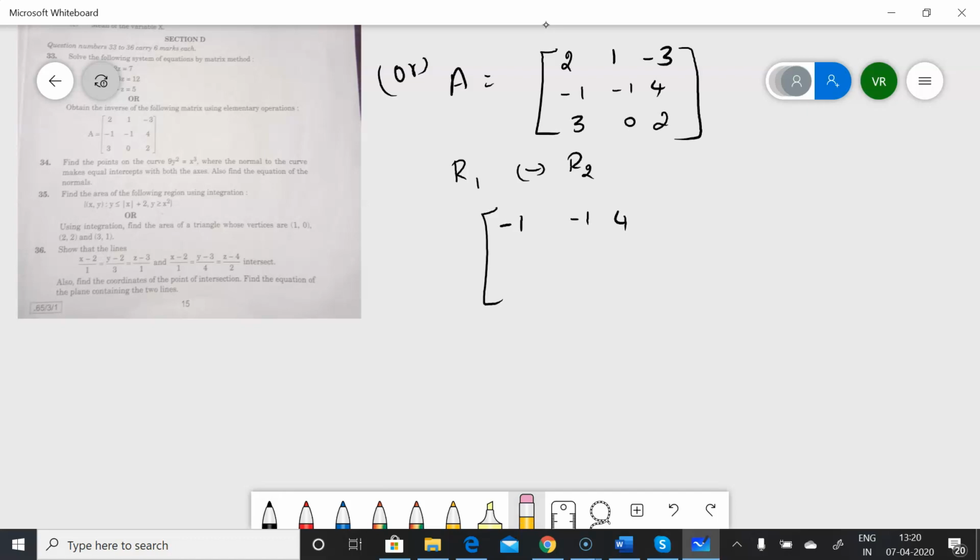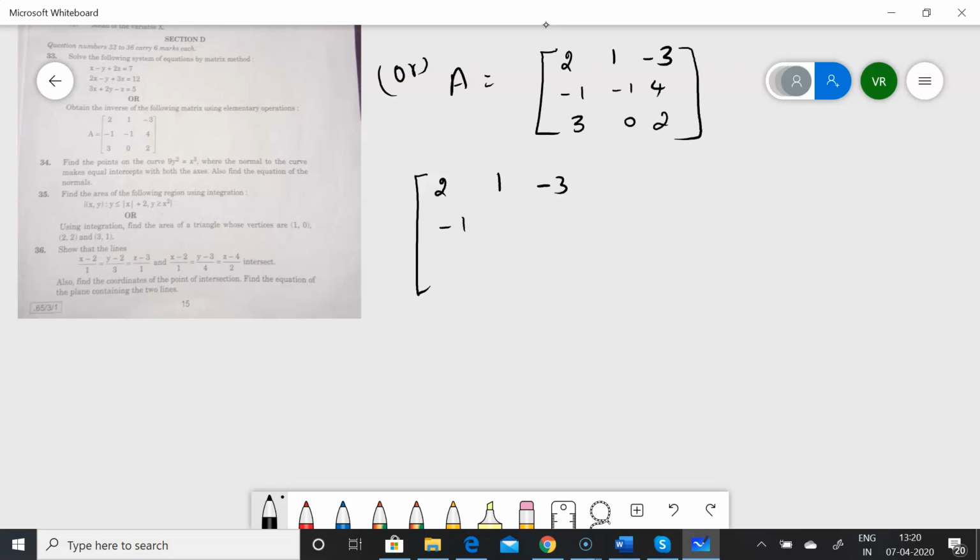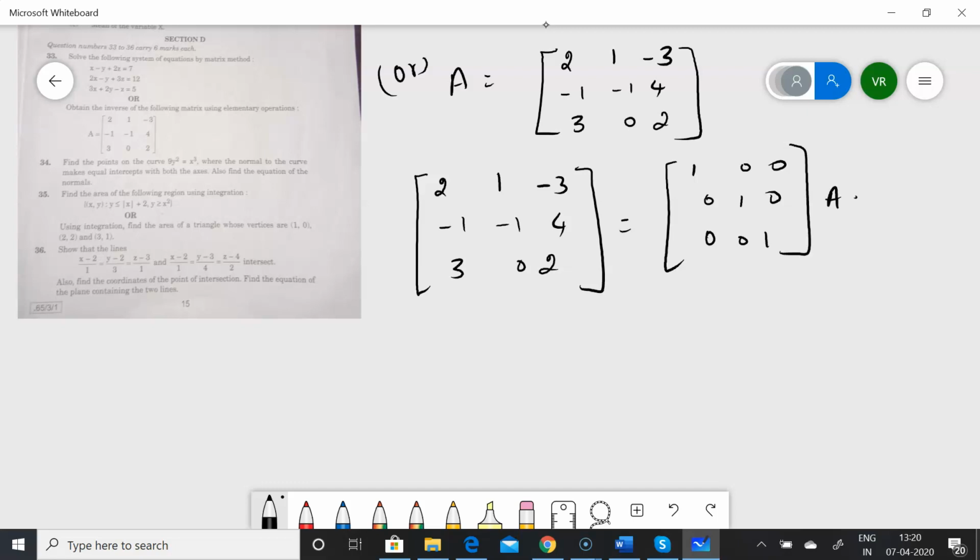Before that, let us equate this to, let me write it as 2, 1, minus 3, minus 1, 4, 3, 0, 2 equals the unit matrix 1, 0, 0, 0, 1, 0, 0, 0, 1 into A. Let us interchange the first row and the second row.